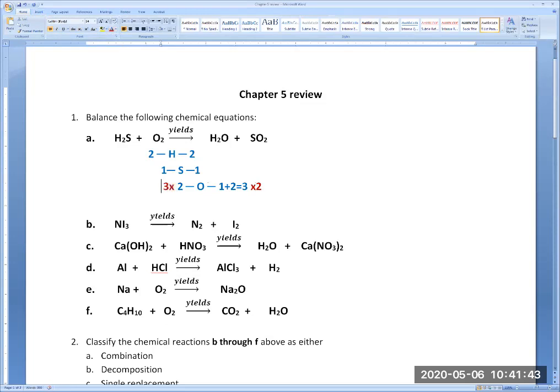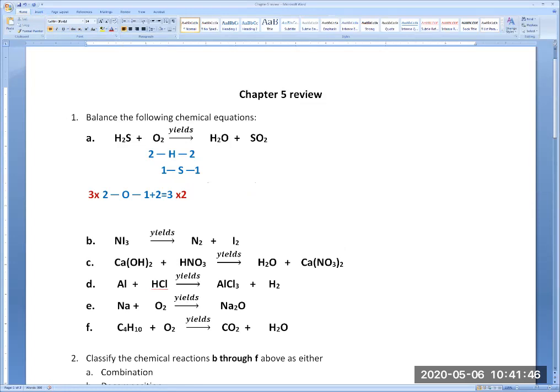What I add in red are coefficients that I need to put in front of the reactant and the product in the equation, and so it deals with oxygen. The 3 on the left that I need to add to make 6 oxygen on the left will have to go in front of the molecule that has oxygen in it. So the 3 will have to go here.